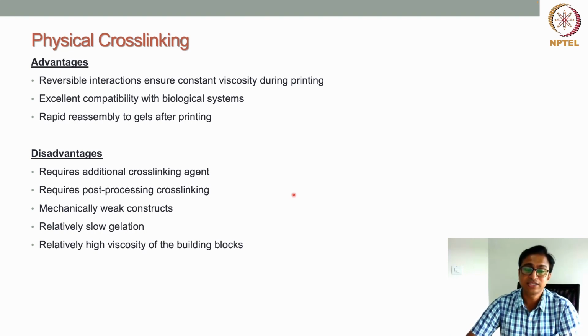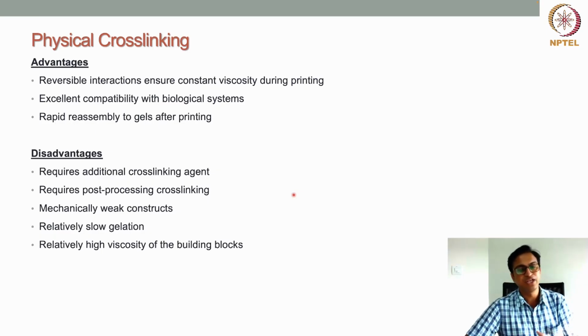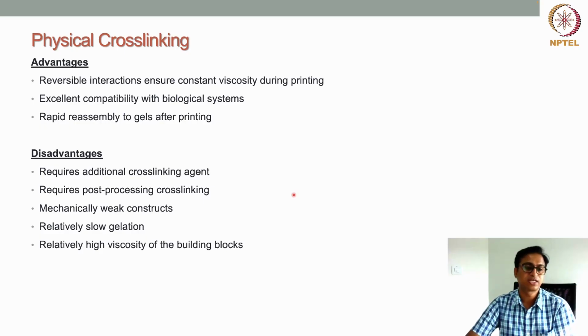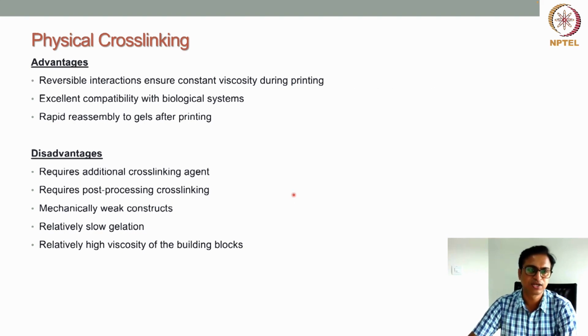Another thing is the relatively high viscosity of the building blocks, because if we are using physical means for cross-linking and the gelation happens during the process, then we end up with very viscous building blocks. That can be challenging when building the whole structure, so we need to take care of this. So these are the advantages and disadvantages of physical cross-linking.